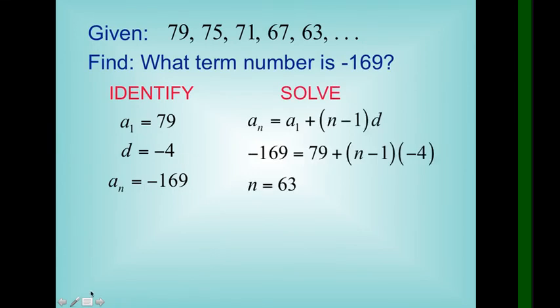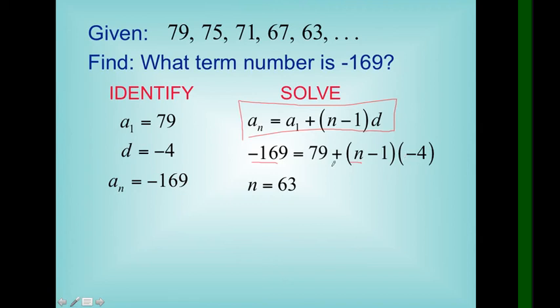So to solve, it's like this. We will write first the given in the formula, or substitute the given to our formula. The formula will never change. It is just the same. So, our a sub n is negative 169. Our a sub 1 is 79 plus n minus 1. The n term is still unknown. And then negative 4 is the d. So, what will we do for this one?